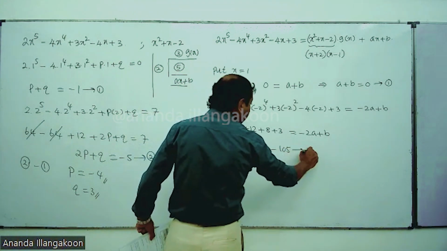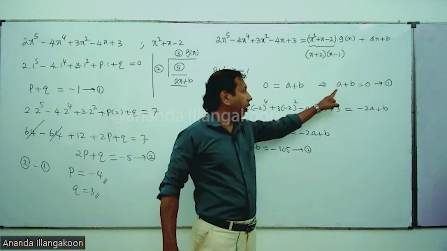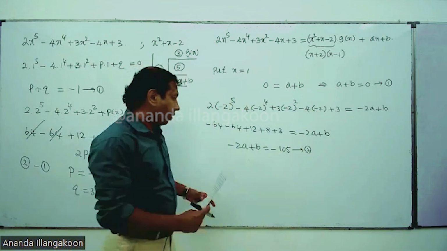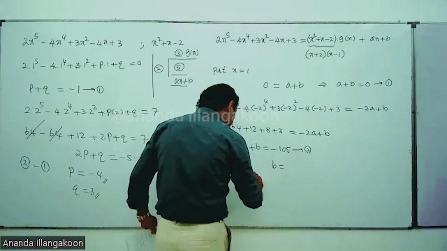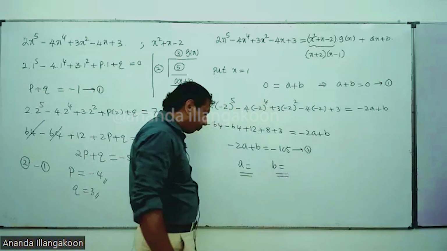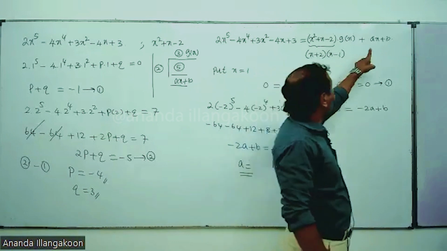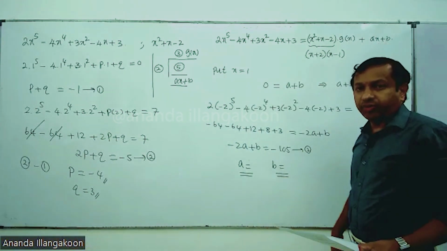This is number 2. Now, this equation and this equation, they are two simultaneous equations. By solving them, you can find a and b. Take the answers of a and b. Those two answers of a and b, we have to put where? Here and here. Thereby, you can write the remainder. Understood?